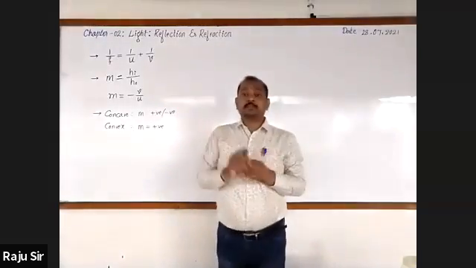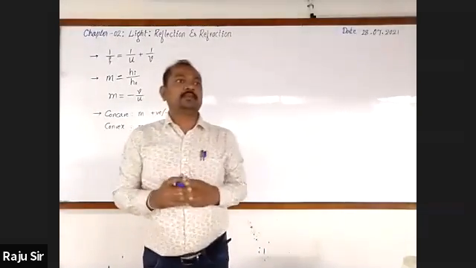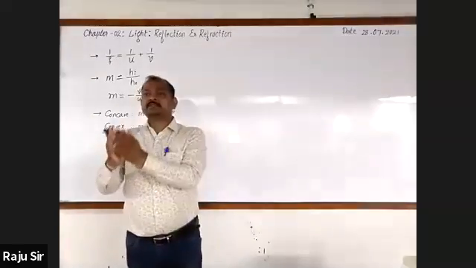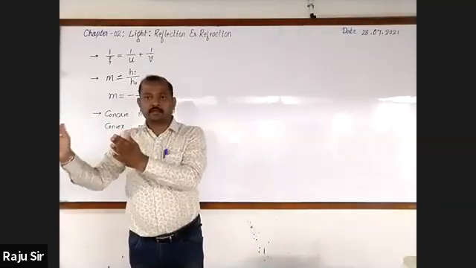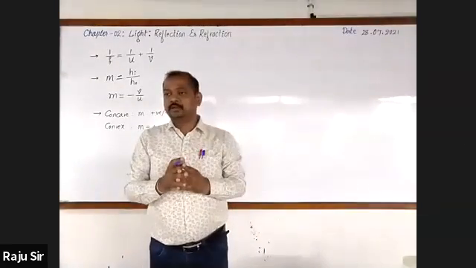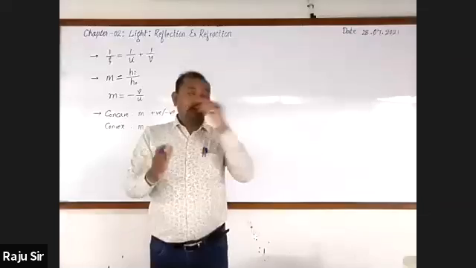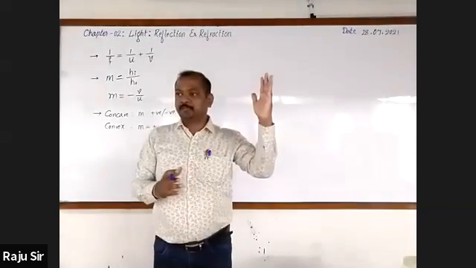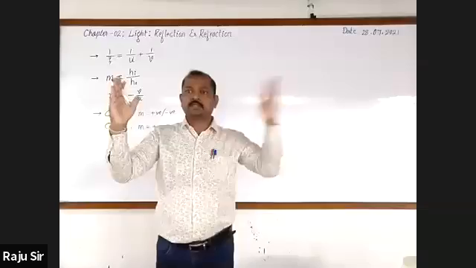With respect to a convex mirror, magnification is always positive because when the object is placed in front of the reflecting surface of the convex mirror, the image is formed inside the mirror only, right? The image formed inside the mirror is always upright. Object is upright, image is also upright.